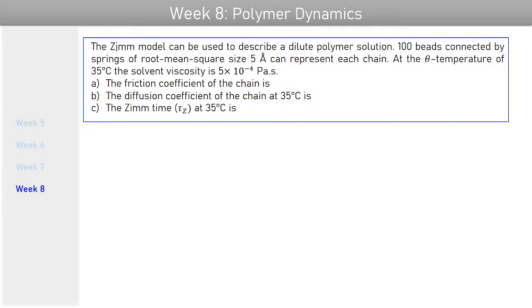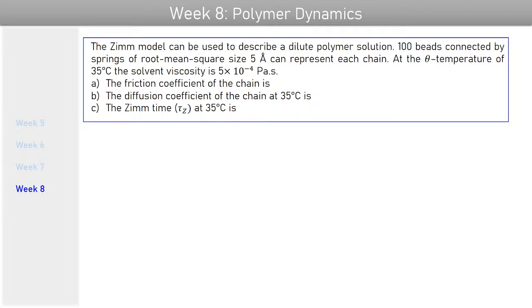So when we studied polymer dynamics of different topics, the Rouse model we saw was applicable to short chain polymer melts, where you do not have entanglement in the polymer chain, but there are no significant hydrodynamic interactions. So for that, the Rouse model is something that can be applied. The Zimm model is applicable for polymer solutions because it takes into account hydrodynamic interactions.